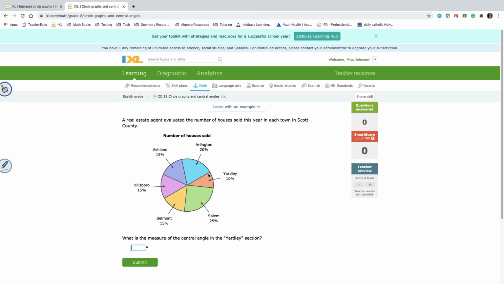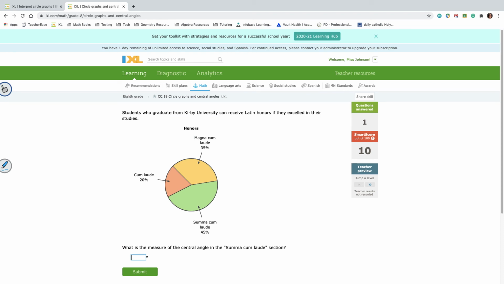Something we need to pull on is how many degrees are in a circle. There are 360 degrees in a circle, and if Yardley is 10%, I would do 360 times 10% as a decimal, because we always change our percents to decimals, right? So 360 times 0.1 would be 36. So I would type in 36 degrees.